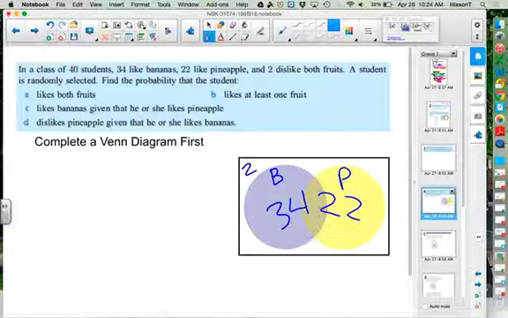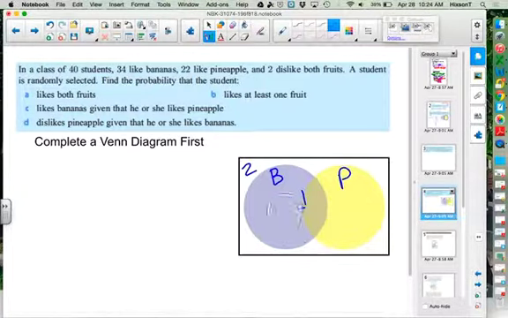So, ask yourself, how many people were counted twice? 18. Okay? So that's going to be your intersection. 18 people must like both, because that's how many people got counted twice.